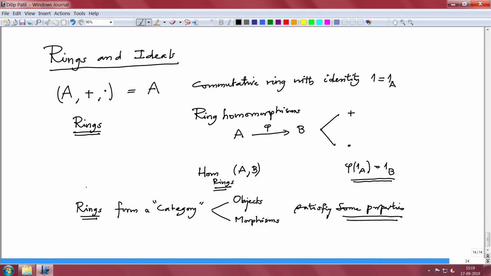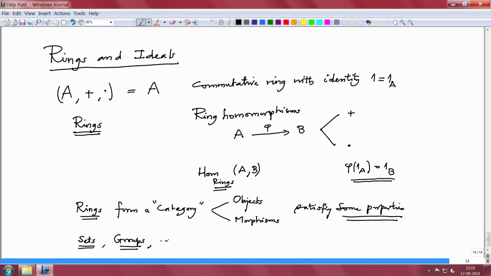Before that there is the category of sets, where objects are sets and morphisms are maps between sets. Similarly, there will be groups and so on.